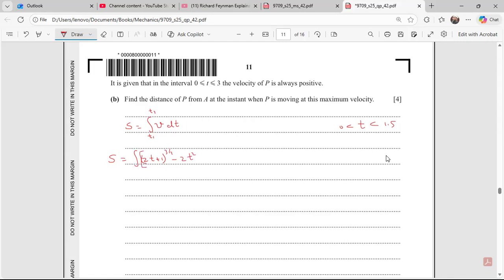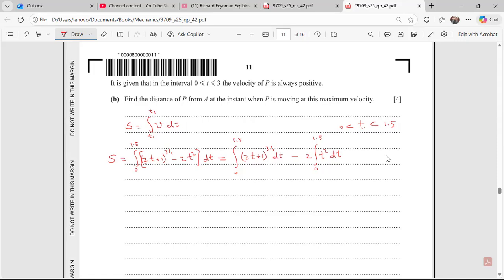So this whole thing into dt, and we integrate from 0 to 1.5. Let me integrate it in this way: 2t plus 1 power 3 by 2 dt from 0 to 1.5, and minus 2t square dt from 0 to 1.5.